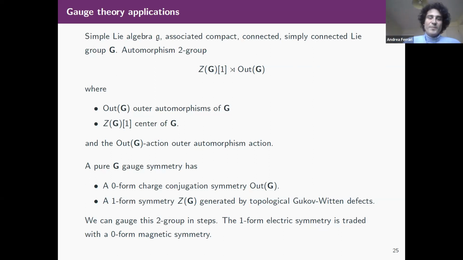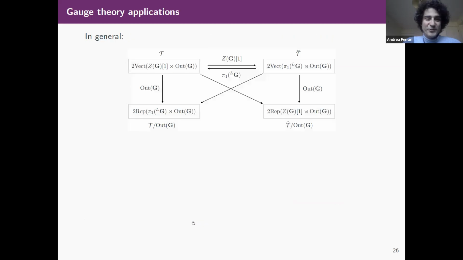And we can gauge, again, as I explained earlier, these two-group steps. The one-form electric symmetry is then traded for a magnetic zero-form symmetry. So we can draw a diagram like this that is a gauge theory incarnation of the diagram that Nick and I have just discussed, where we start with this theory T with center symmetry Z and outer automorphism Out(G).